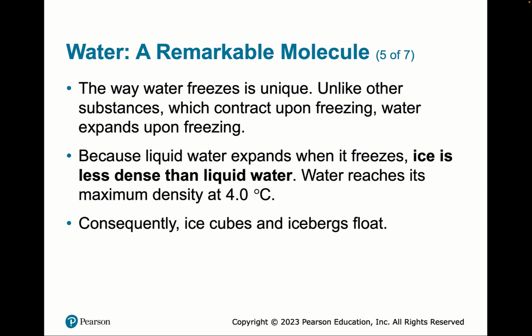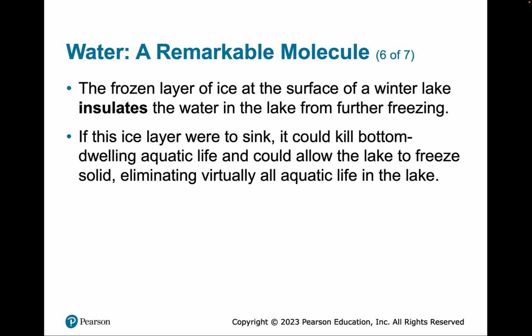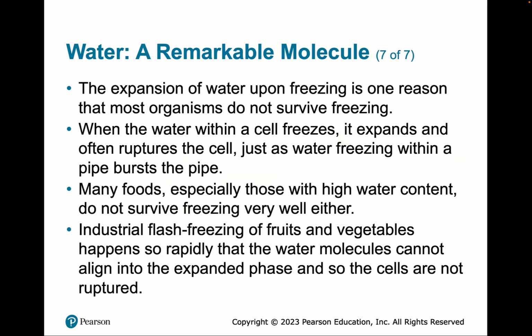So water is not weird in that regard, but it's just weird that the more common one floats. And so also with the frozen layer there, it insulates the water, prevents further freezing. So imagine if the common ice would sink, then it would just basically freeze out and kill a lot of things. So that's a nice feature for us here on Earth for life.